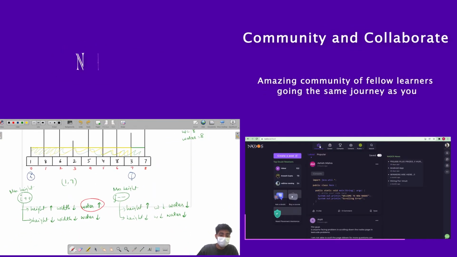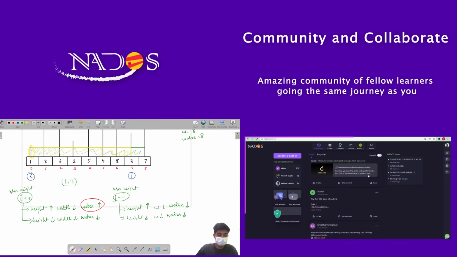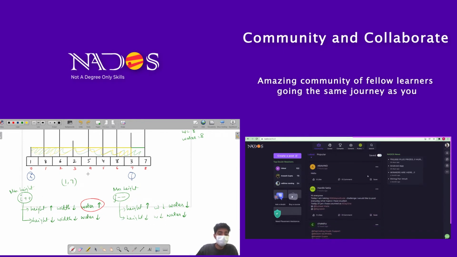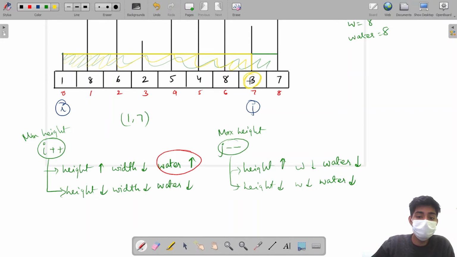So here, the height of the container is still dependent on this one. The only thing that has changed is the range, right? The change on this doesn't really make any difference, but the change has been made on the range. And since we reduce the range, the water capacity will also reduce.